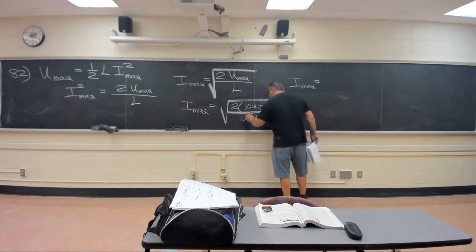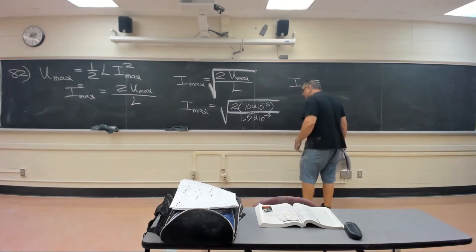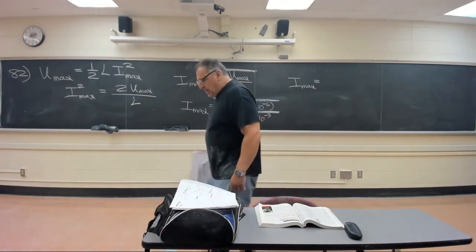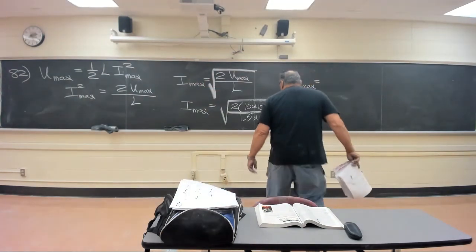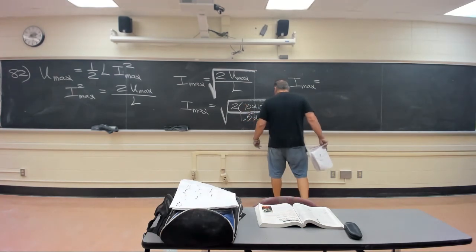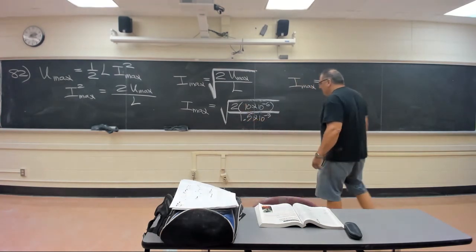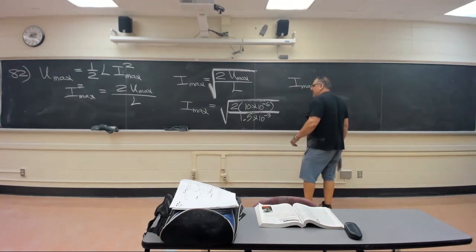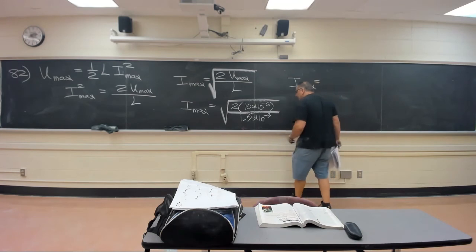2 times 10 is 20. 1.5 goes in, 1.5 is 3 halves. 3 halves goes into 20: 40 divided by 3, which is 13.3 repeating, 13 and a third. Good enough.